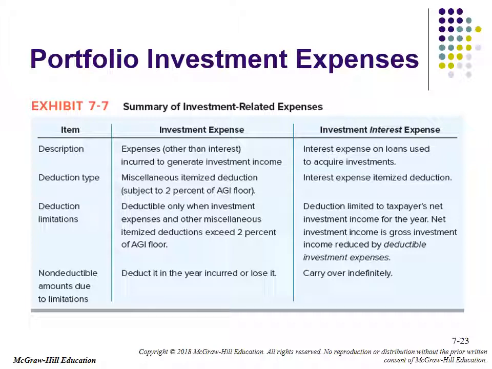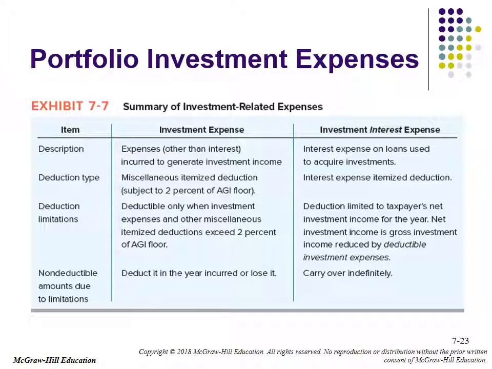These investment expenses are generally deductible as an itemized deduction. They are deducted in a special area of itemized deductions called miscellaneous itemized deductions. And it's only the amount of investment expenses above 2% of AGI that would actually be allowed as a deduction.